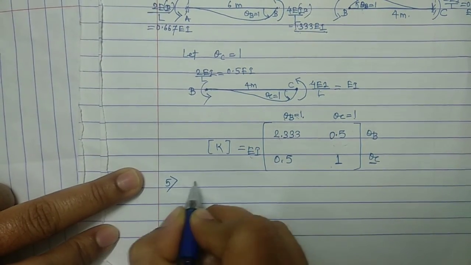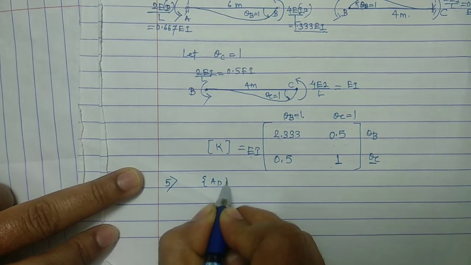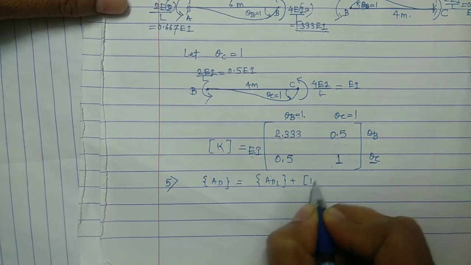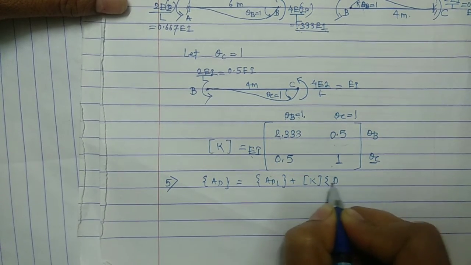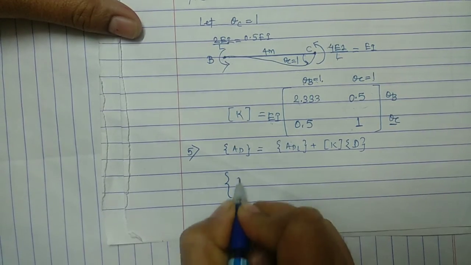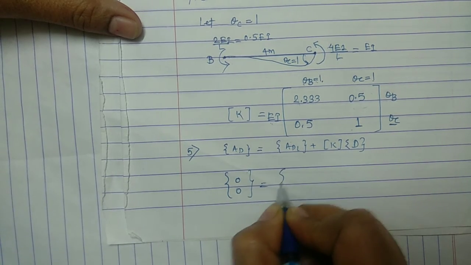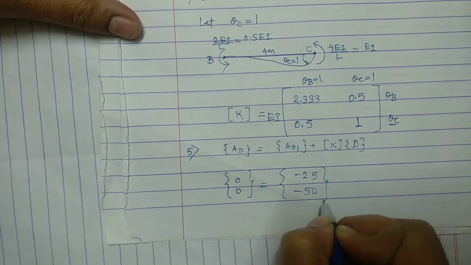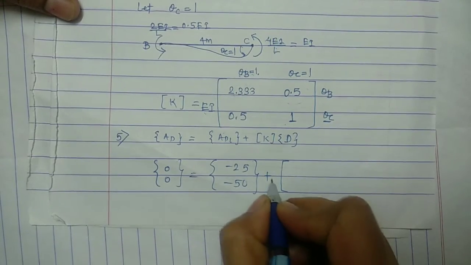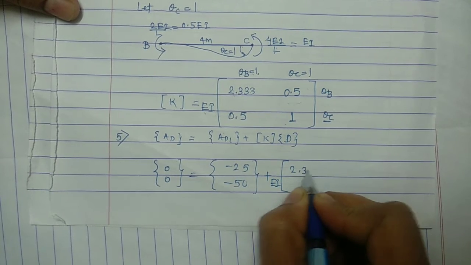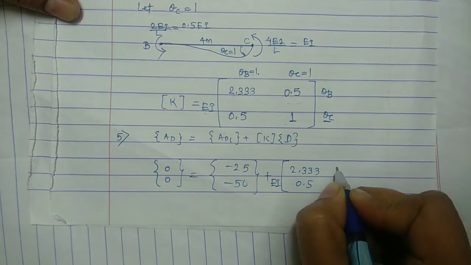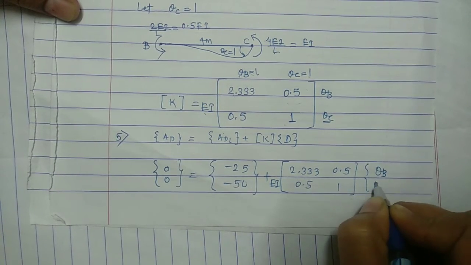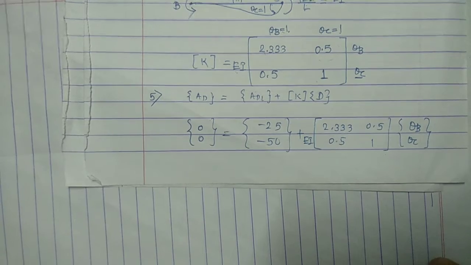Step number 5, AD equal to ADL plus K into D. So write the AD matrix, that is 0, 0, the ADL matrix minus 25, minus 50, plus the K matrix, EI times 2.333, 0.5, 0.5, 1, and the displacement theta B, theta C unknown.